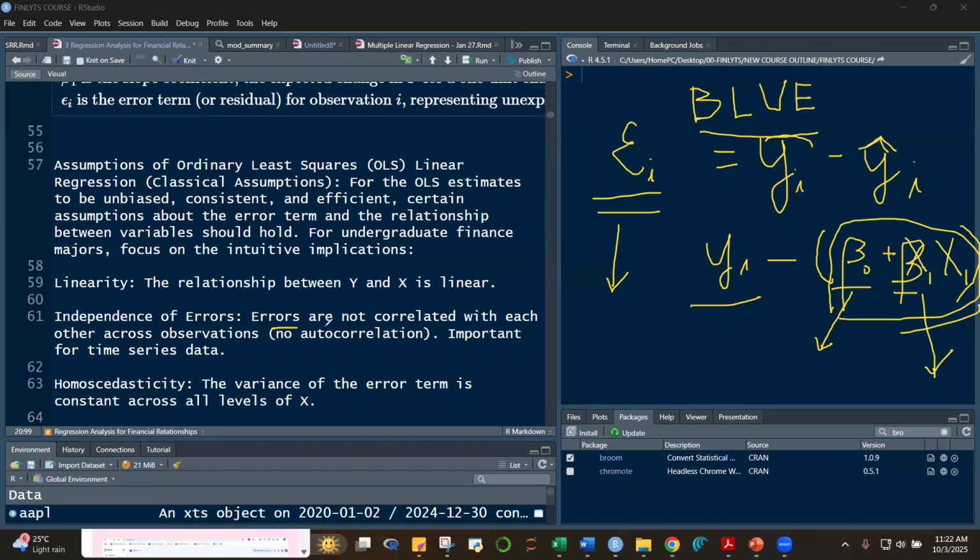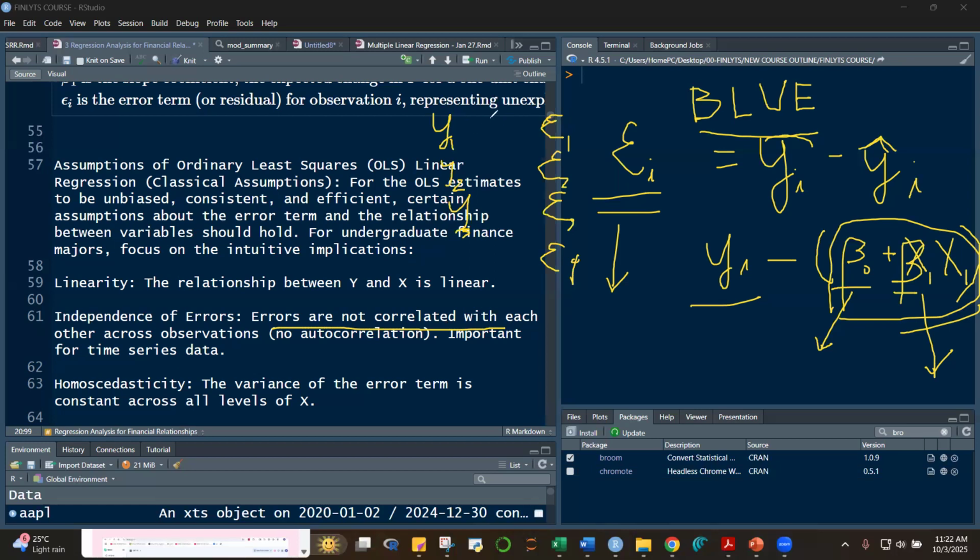So one is that the errors are not correlated with each other. Every observation, let's say y1, y2, y3, y4, etc., these are your actual values, will generate their own residual: epsilon 1, epsilon 2, epsilon 3, epsilon 4, etc. And how is this obtained?